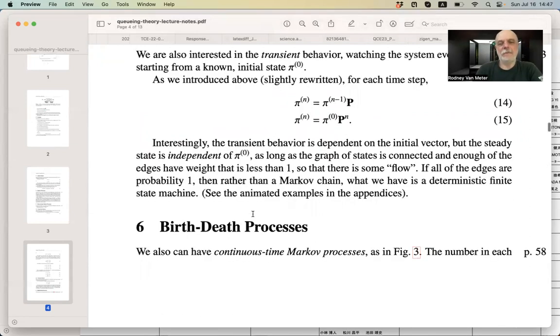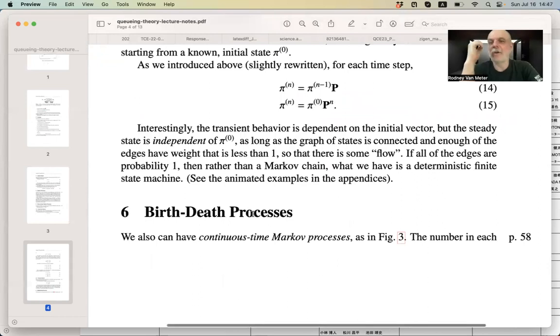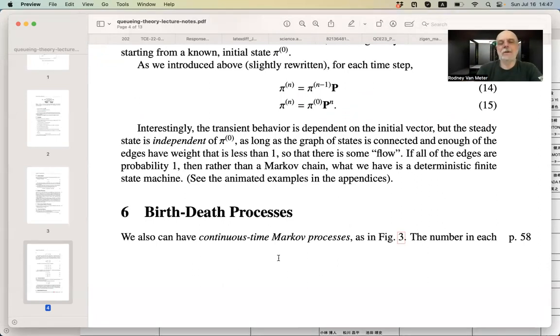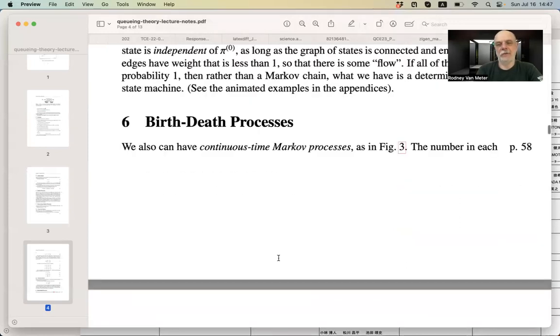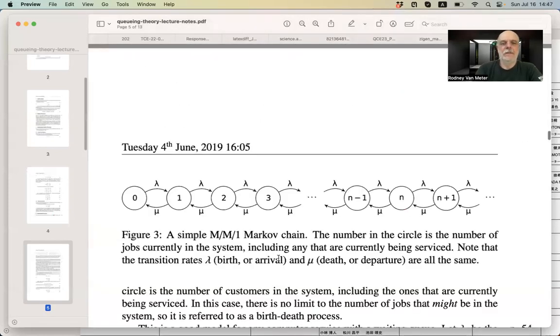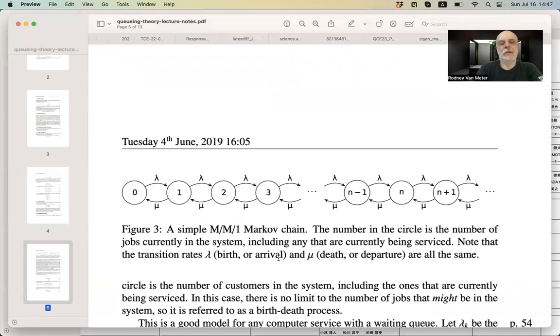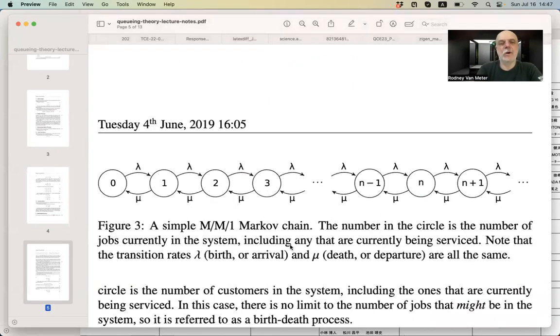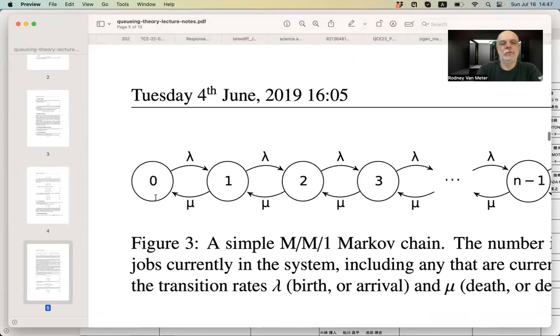But time, of course, is continuous, so we can also talk about continuous time processes, which we might also call birth-death processes. We can represent them using a Markov chain that we would draw like this, where you start in state 0 and you have states 1, 2, and 3.